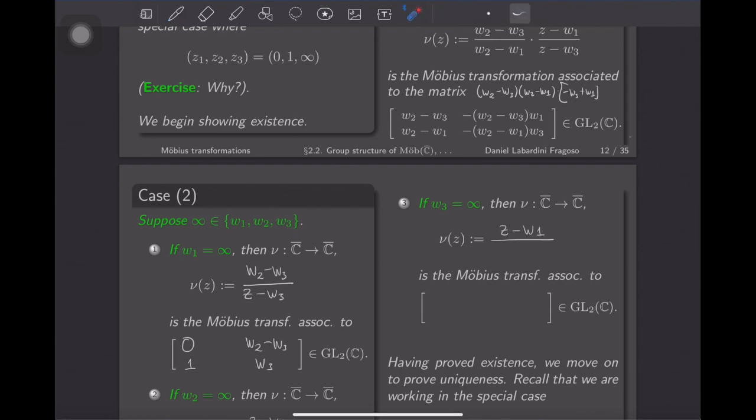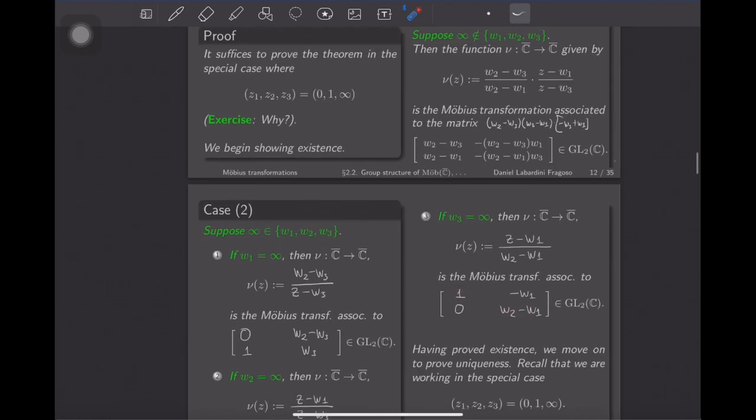And when I plug in W2, I want to obtain 1, so I have to put W2 minus W1 here. And then this is the Möbius transformation associated to 1, minus W1, 0, W2 minus W1. Determinant W2 minus W1, it's non-zero.